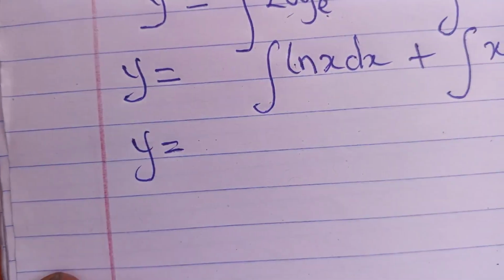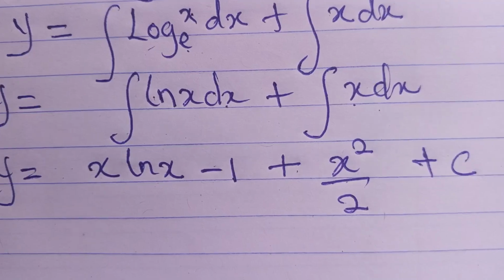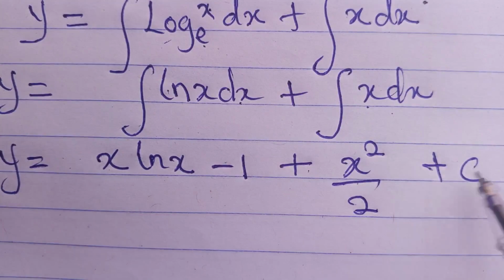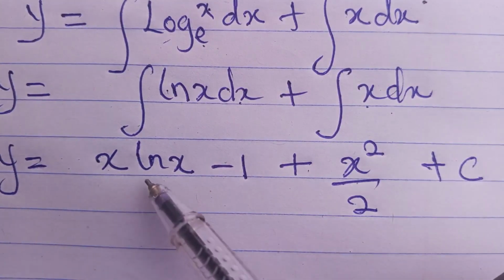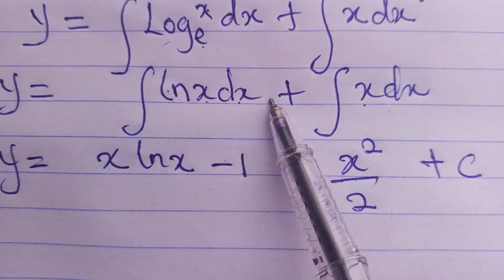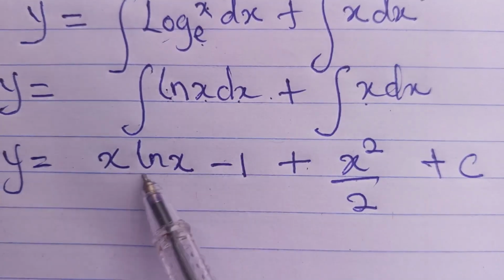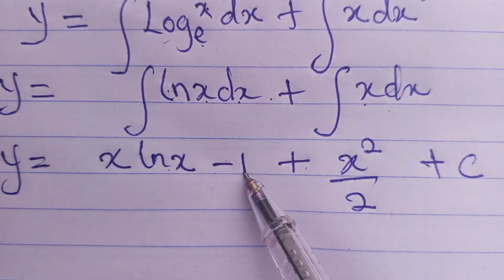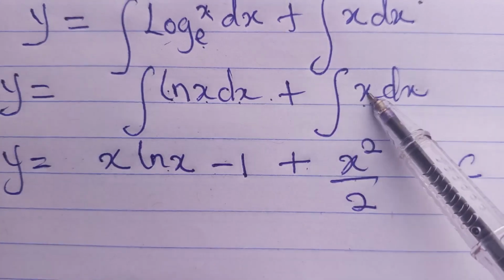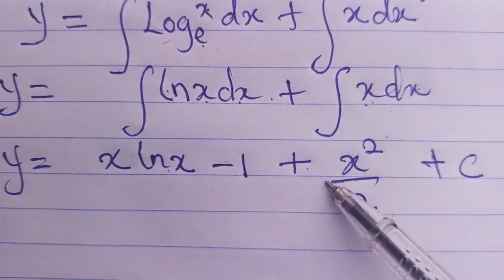So y equals, so this is the solution, but I'm going to go further to tell you why the integral of ln x dx is x ln x minus x, and then the integral of x dx is x squared divided by 2.